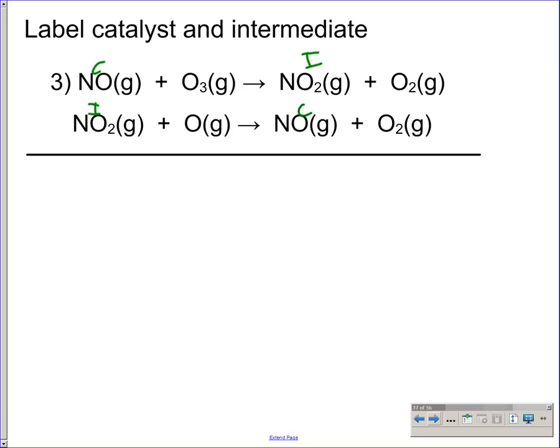Okay, so what's the overall reaction? What cancels? NO cancels, NO2 cancels, leaving us with 3 first. Guess what reaction that is? That's the ozone.